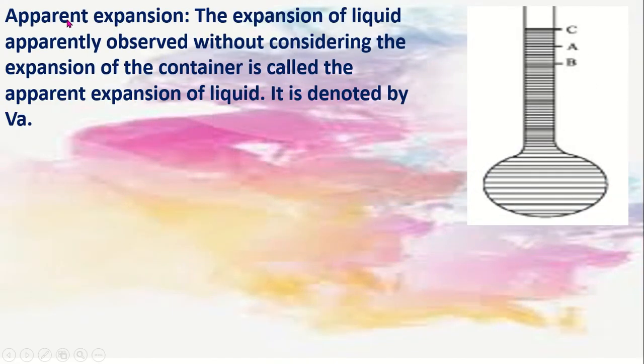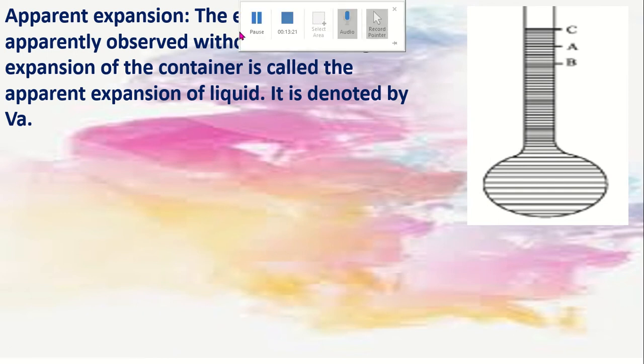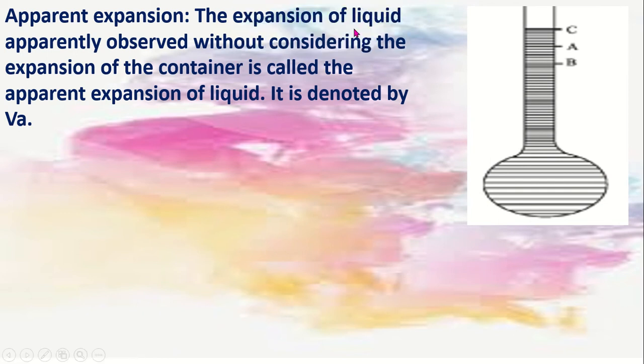Now let's know what is apparent expansion. The expansion of liquid apparently observed without considering the expansion of the container is called the apparent expansion of liquid. It is denoted by VA.